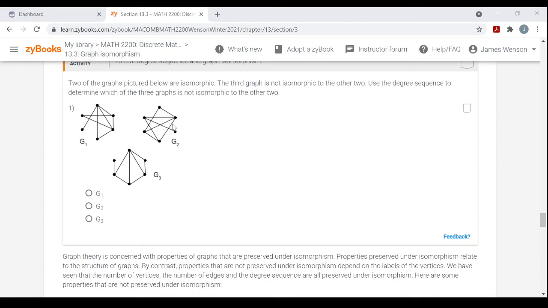What I'm guessing, based on how they worded this, is that 2 of these are going to have the same degree sequence and one of them's not. And then that one's going to be the one that's definitely not isomorphic to the other 2. So I'll leave these to you. You go through and just list the degree of every vertex in each of these 3 graphs and put them in order from highest to lowest and see which one doesn't match the other 2.